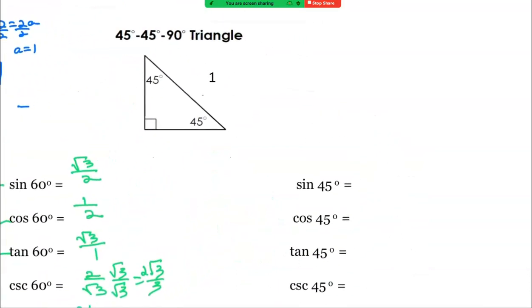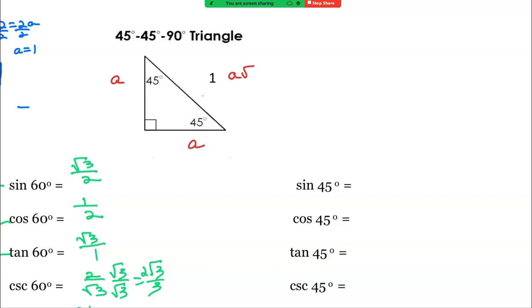Now let's deal with the 45, 45, 90 triangle. So looking at that, I also have relationships. Those relationships are going to be A, A, and A root 2. Here is your equation. If 1 equals A root 2, what does A equal?